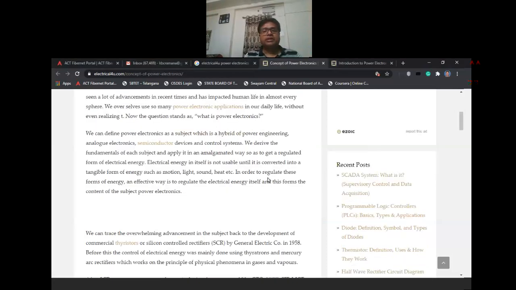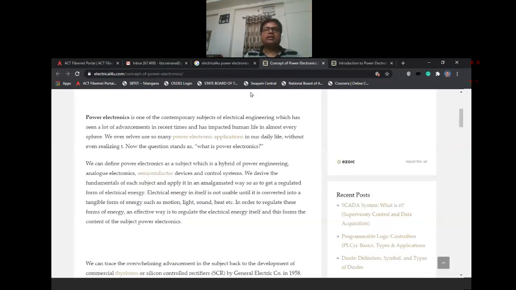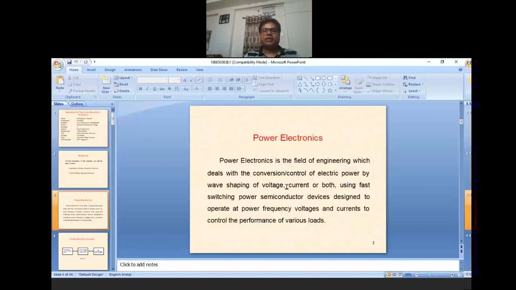Power electronics is the field of engineering which deals with the conversion or control of electric power by wave shaping of voltage, current, or both using fast switching power semiconductor devices designed to operate at power frequency voltages and currents to control the performance of various loads.